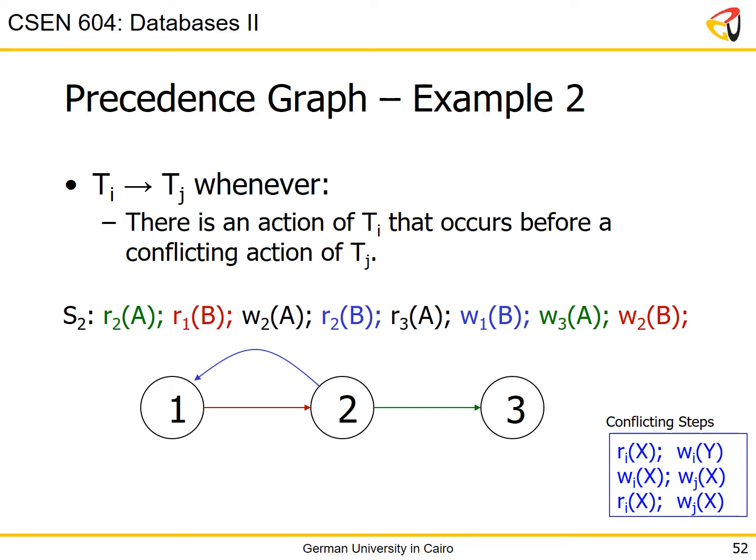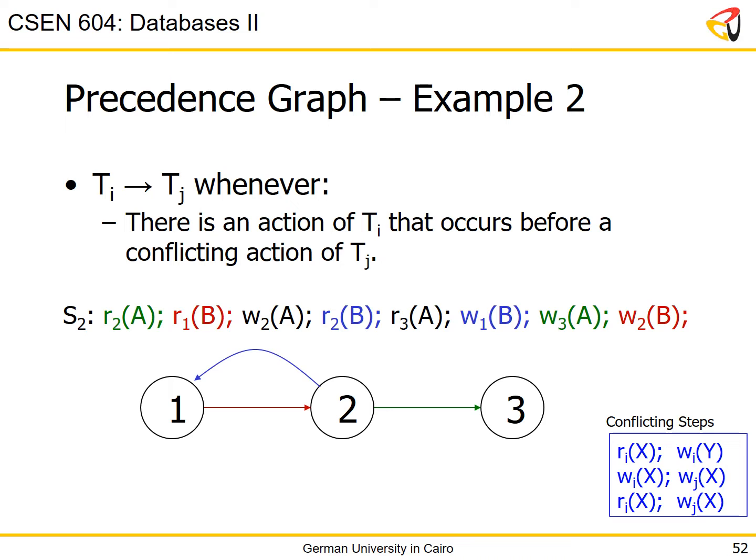It cannot be both. Once you have a cycle, you know that the result is not going to be consistent with any serial schedule, because I'm supposed to deduce from the graph which serial schedule this is producing an output similar to.